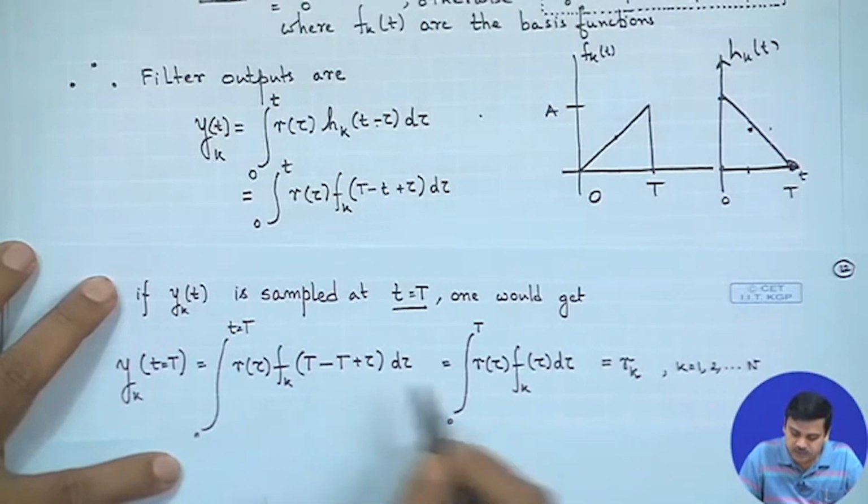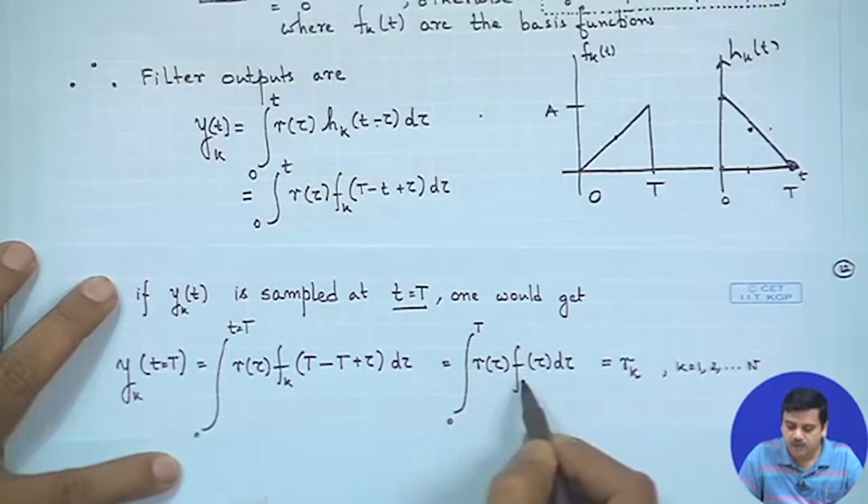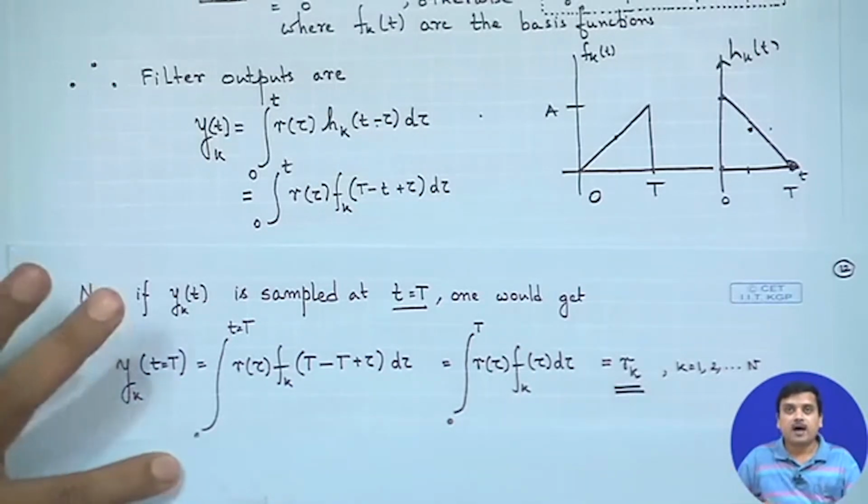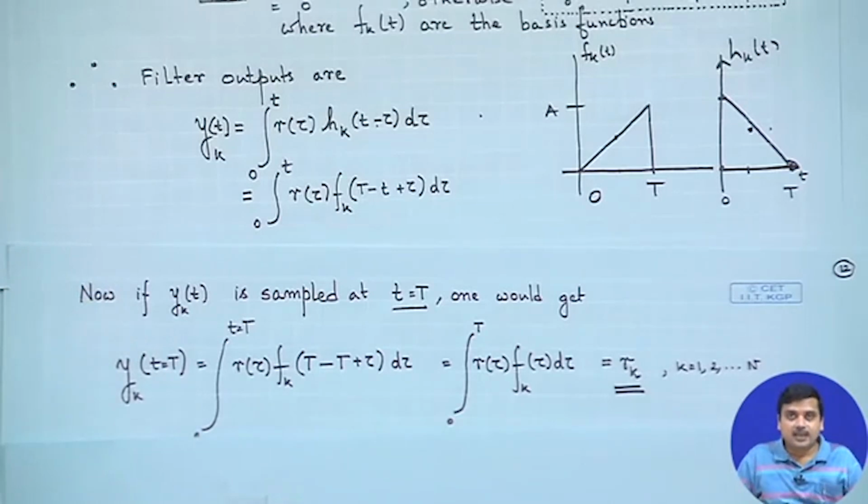So, T and T cancel out, you are left with the integral from 0 to T of r of tau fk of tau d tau, which is the same as rk, that is the kth component of the received signal as we had got in the correlator receiver.